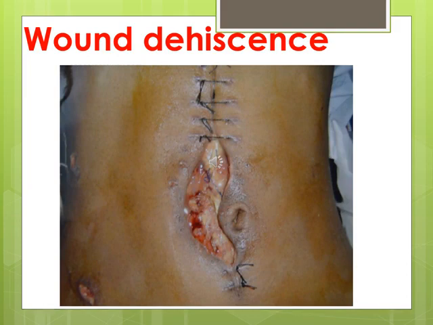Another complication in the wound is wound dehiscence. Dear student, if you look at this slide, you see the skin opened, the subcutaneous tissue opened. If you have a wound disrupted, either we have complete wound disruption or partial wound disruption.